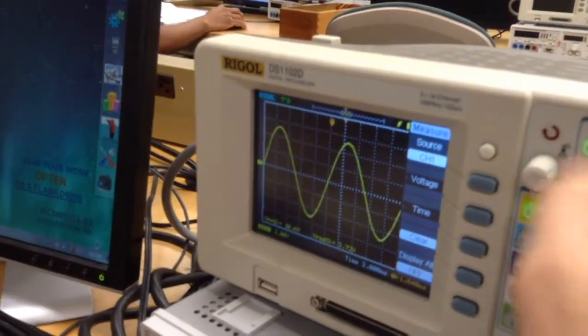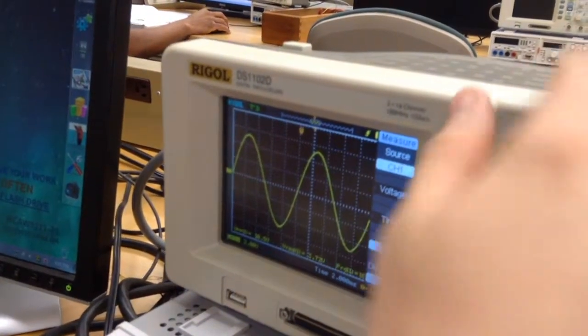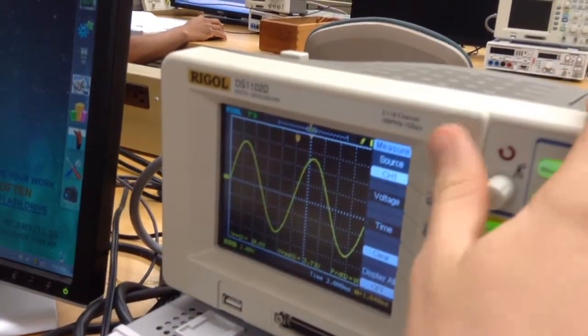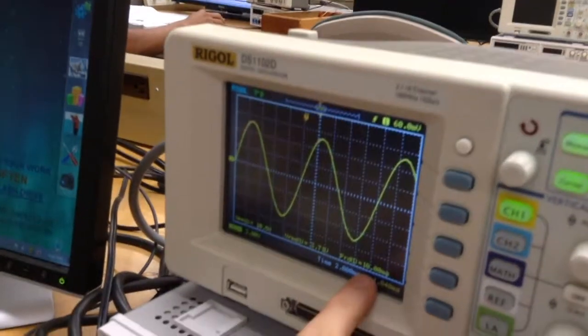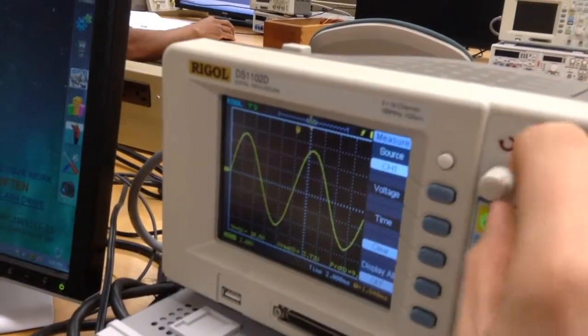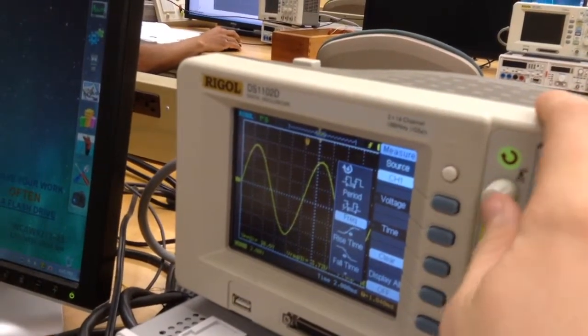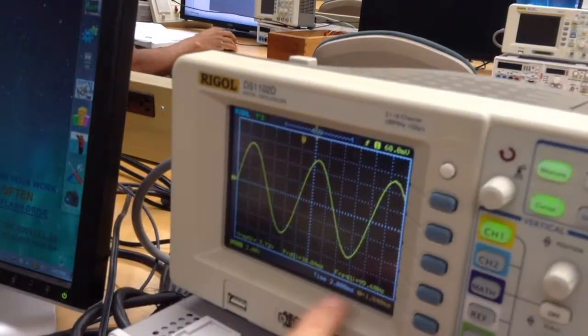For our period, we are going to go to time, hit period, and then it shows us 10 milliseconds. And also for our frequency, we're going to go to time, frequency, and it's at 100 hertz.